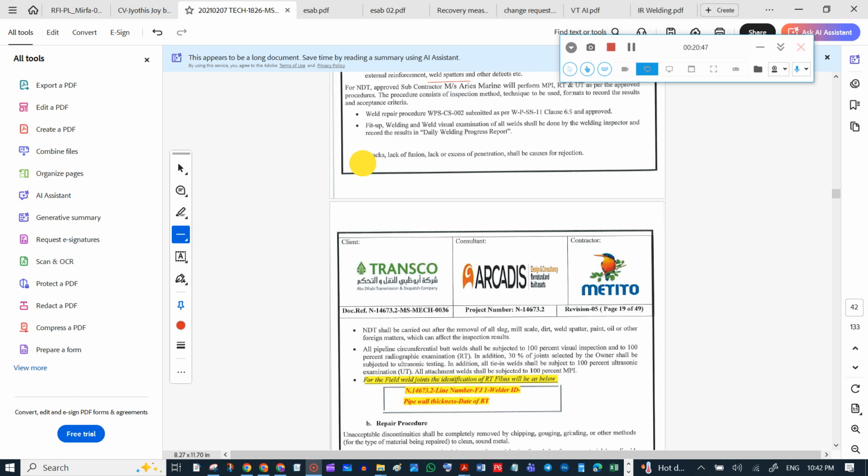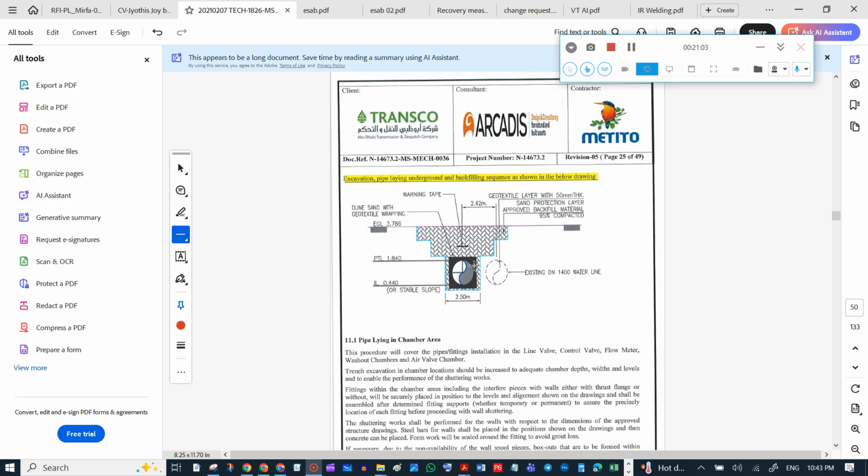Cracks, lack of fusion, and lack or excess of penetration, etc., are the causes of rejection.